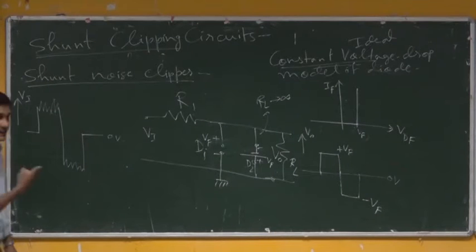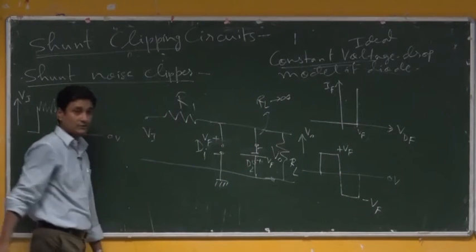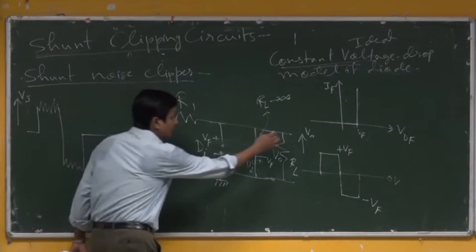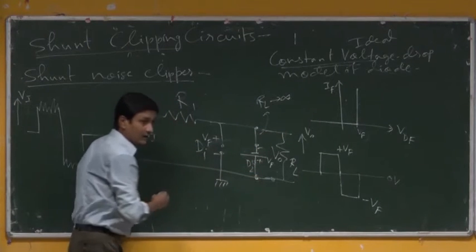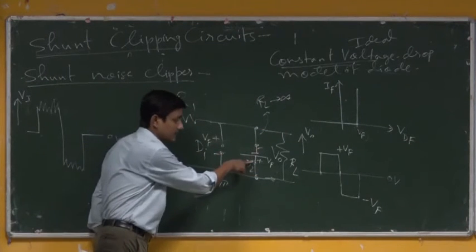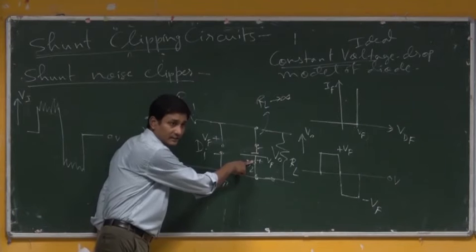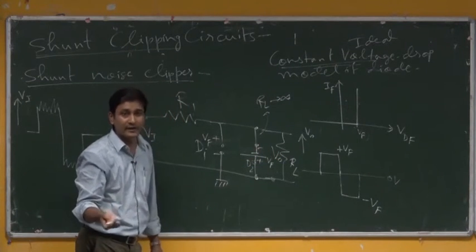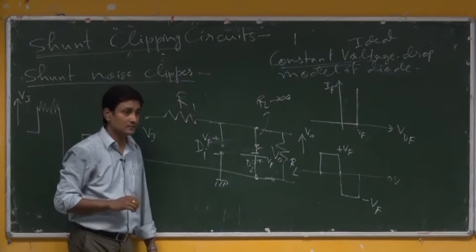If RL is connected there, what about the output voltage? It hardly matters, because the voltage across these two terminals is fully decided by the diode potential here. Now parallel to this, if you are connecting another circuit element, it hardly bothers.